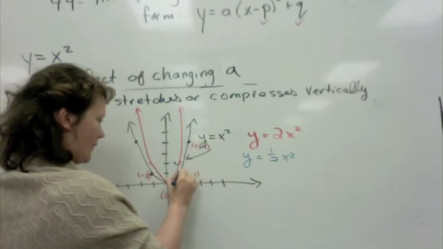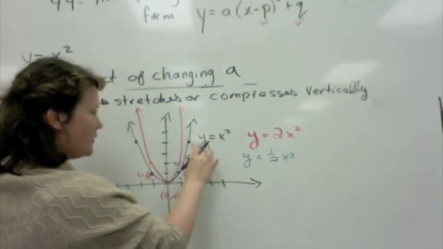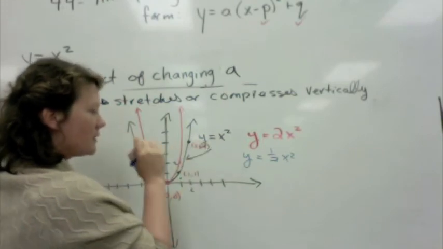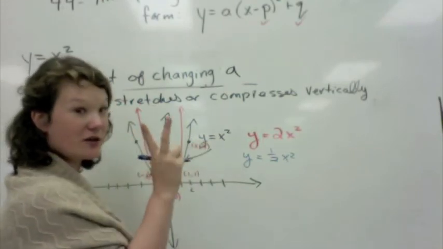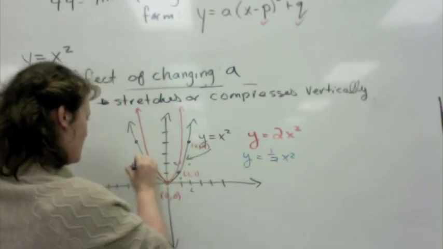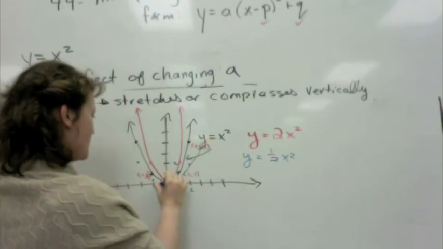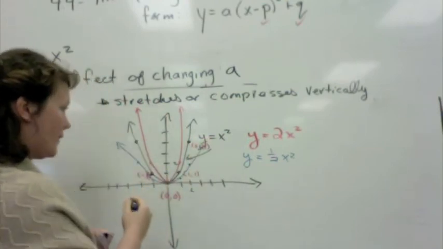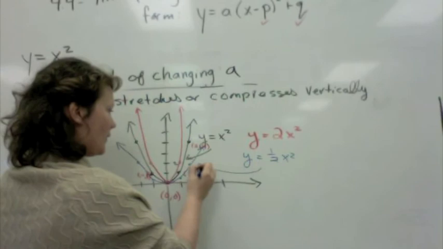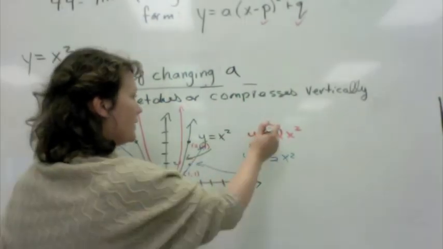I'm going to get half here, half here. The 2 is going to be at 2, 4, so we take the y coordinate, multiply it by 0.5, which is just going to be 2. We're seeing that this thing is going to be much wider. Okay, so this one's this one, and this one is this one.